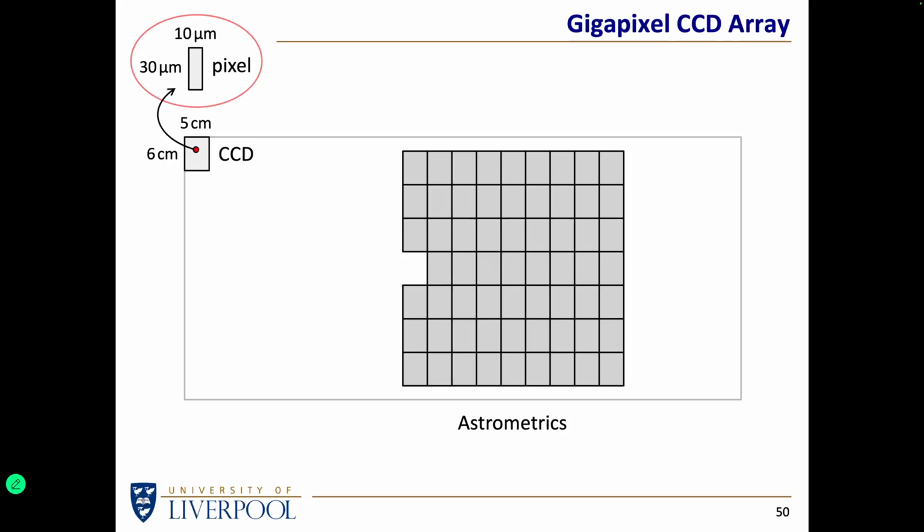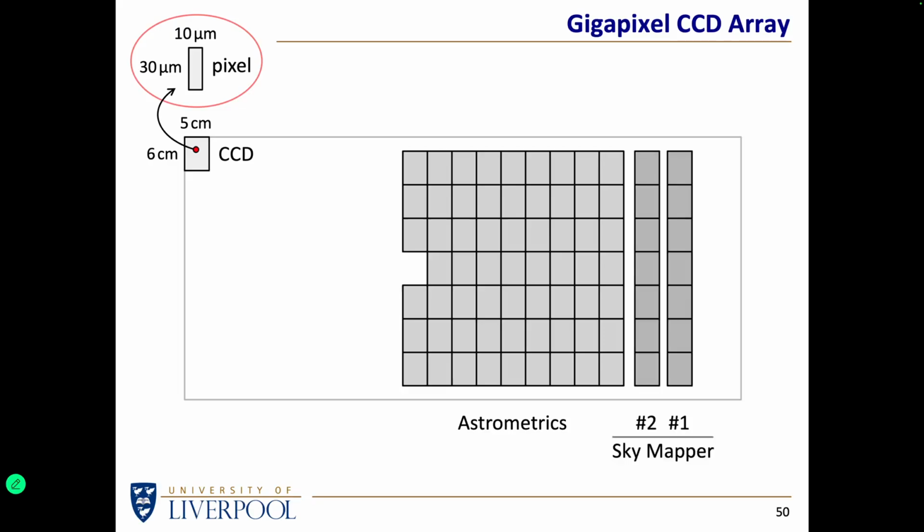Remember, the mirrors are rectangular, so you have much higher precision in one direction than you do in the other. The large direction of the mirror gives you very high precision, so the pixel is 10 microns in width. The size of the pixel in the other direction is not so critical, so they're about 30 microns. About 9 million pixels in total in each of those CCDs.